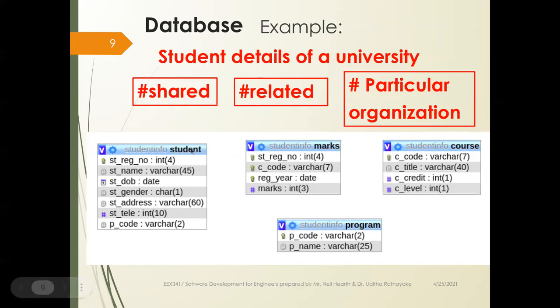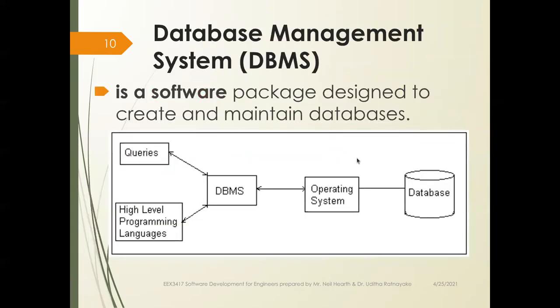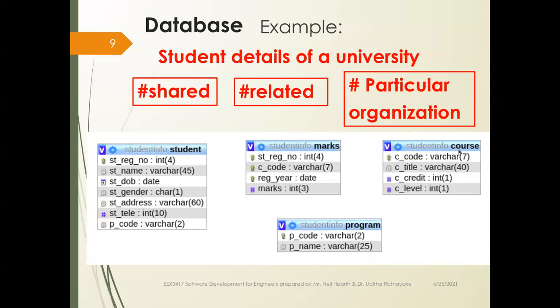Table names are student, marks, course, program. Here the complete database is called student info. You can see student info is available in all these 4 tables. This is the database name. The organization database name is student info.